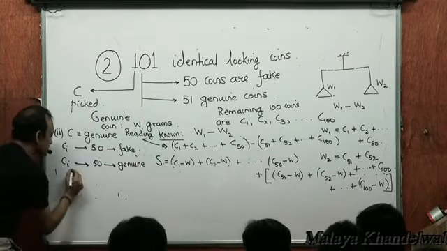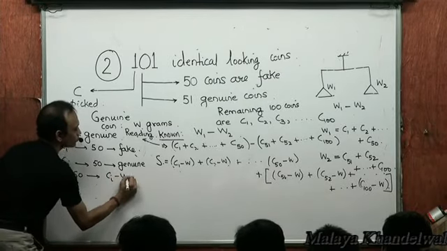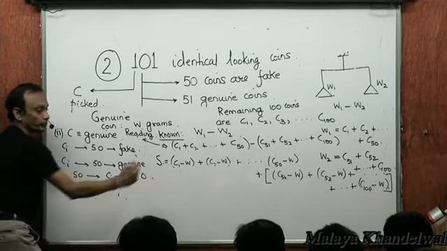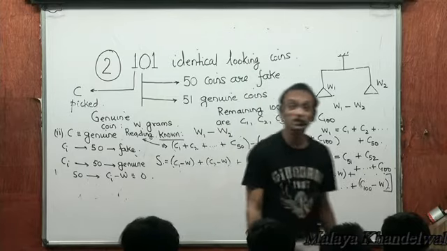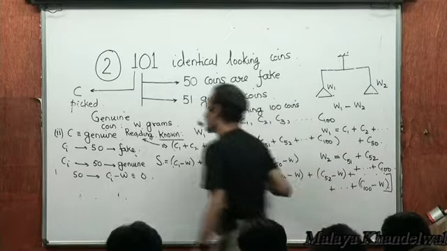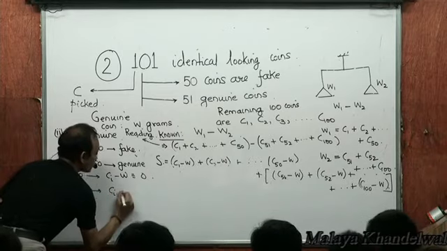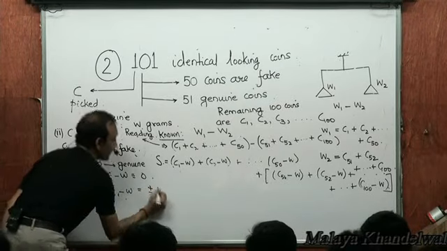Now, that means 50 of these Ci minus Ws are 0, because 50 genuine coins will each weigh W grams. So 50 of these Ci minus Ws would be 0, and 50 of these Ci minus Ws would be either plus 1 or minus 1.